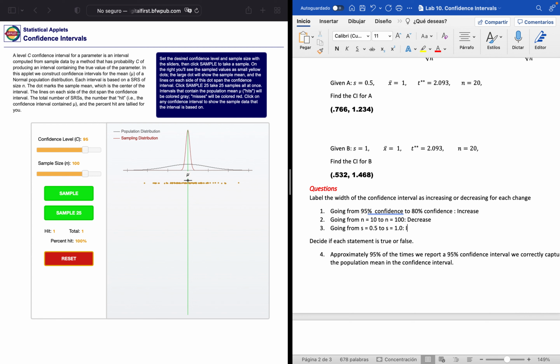And here, increase. If you reduce the confidence level, you're going to have a wider interval. If you increase the sample, you're going to have more information, so you're going to have a better interval.